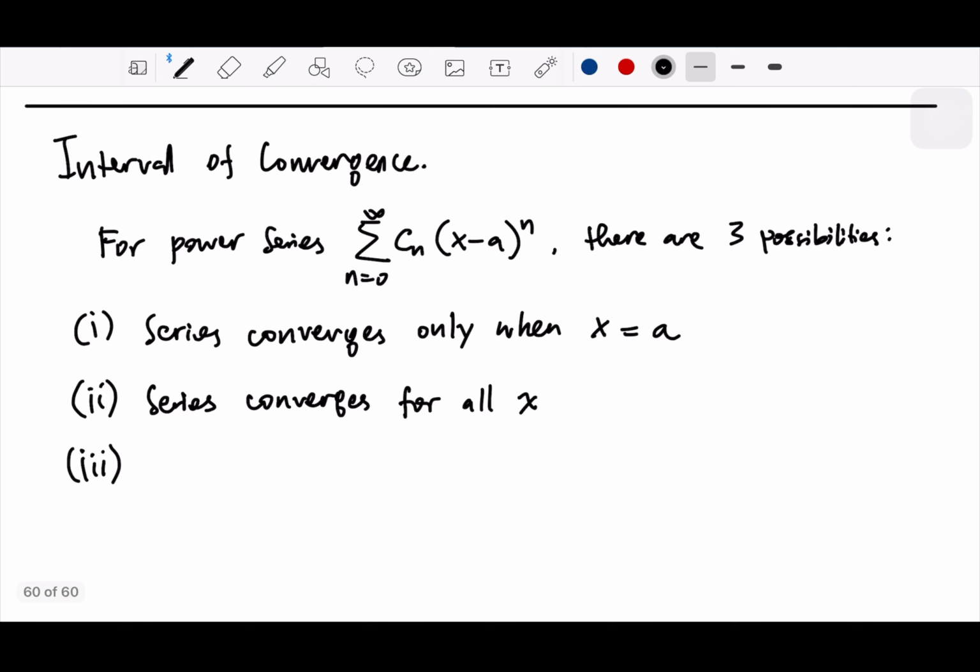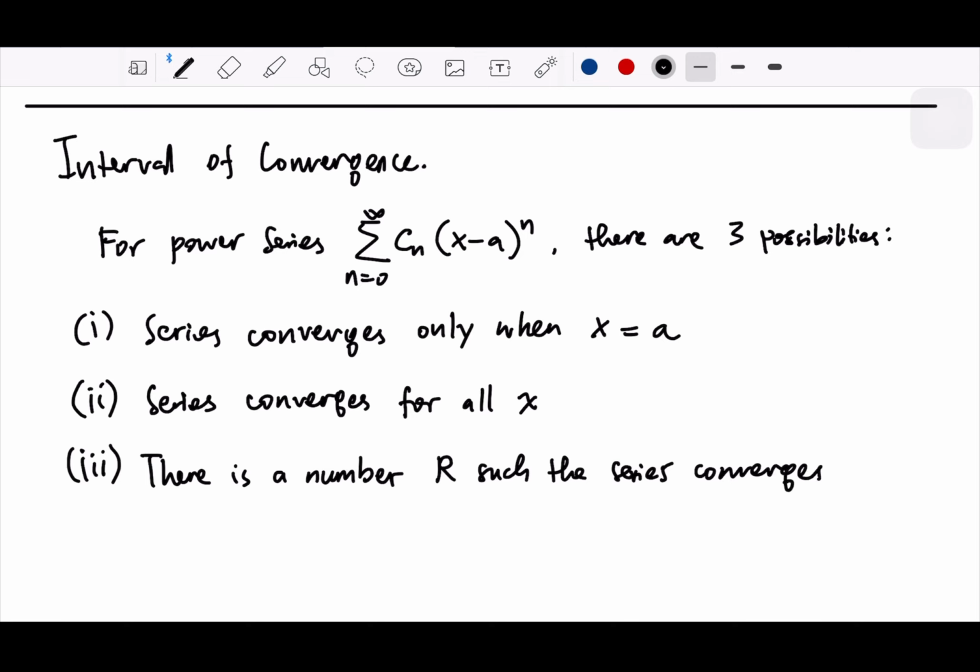So we say there's a number, let's say R, such that the series converges if, and diverges if.